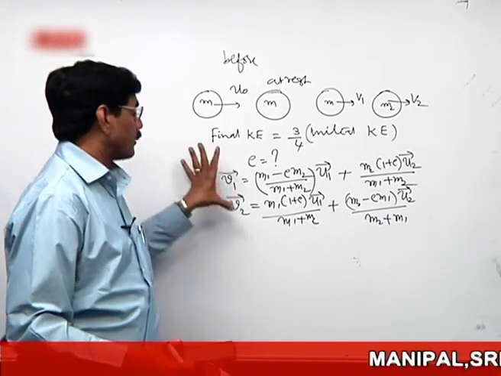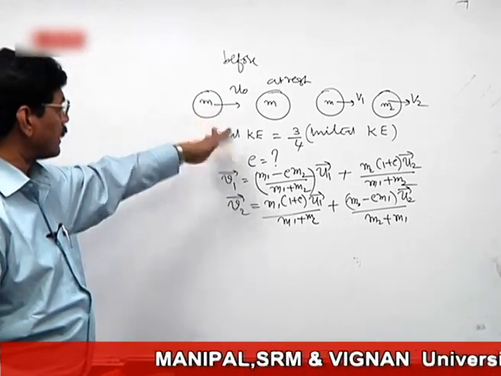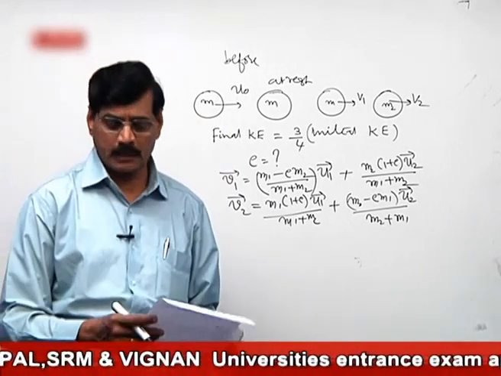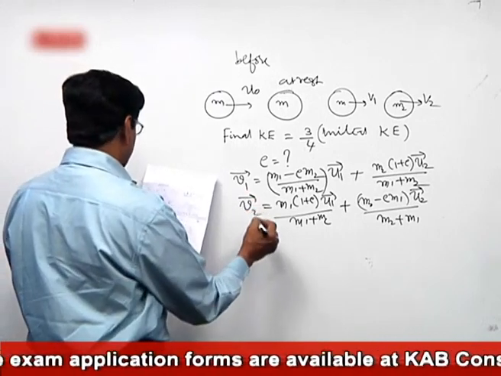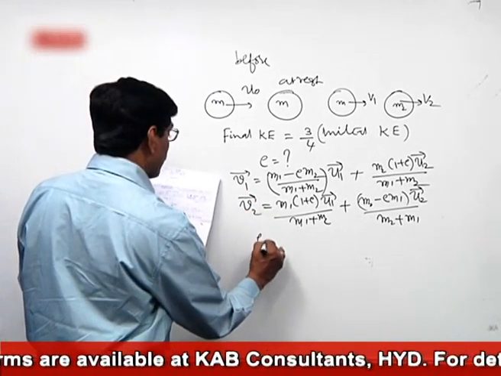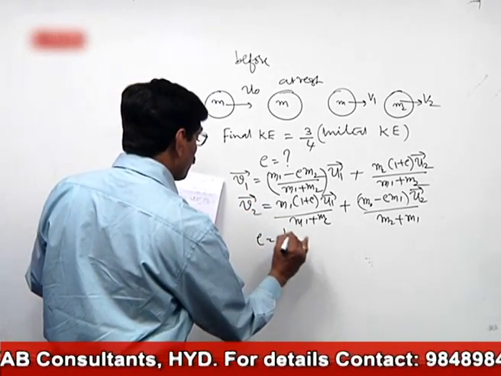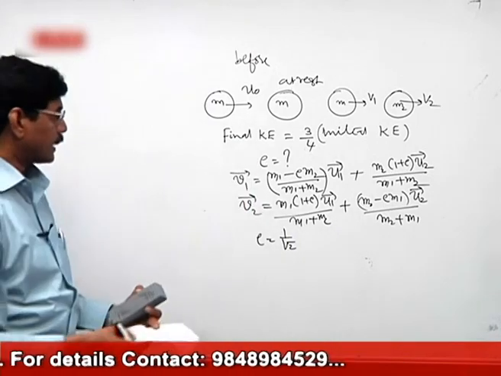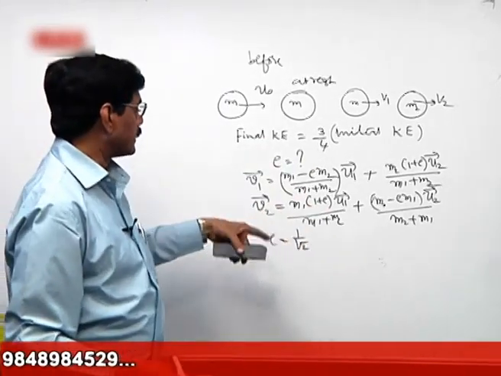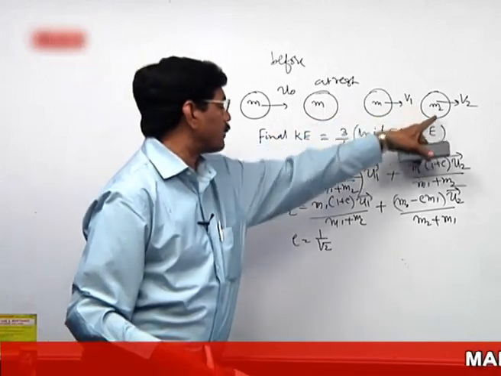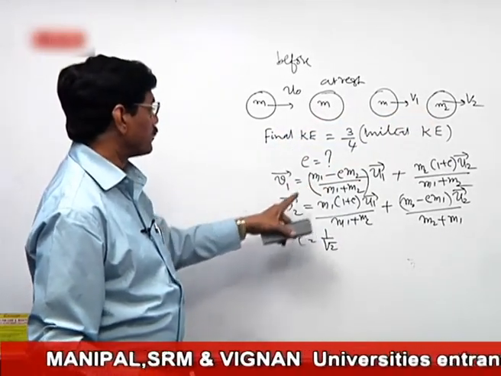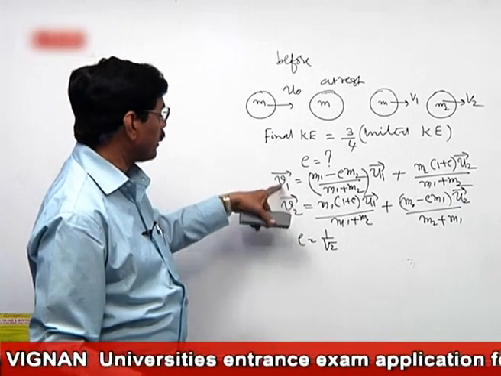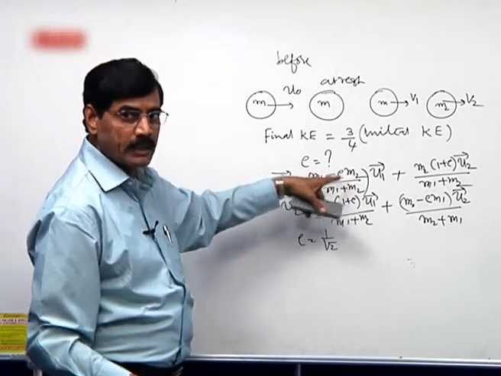Next, we will be able to calculate the coefficient of restitution, which comes out to be 1 by root 2 for this problem. You can try these calculations. First calculate v1 and v2, expressing them in terms of e.